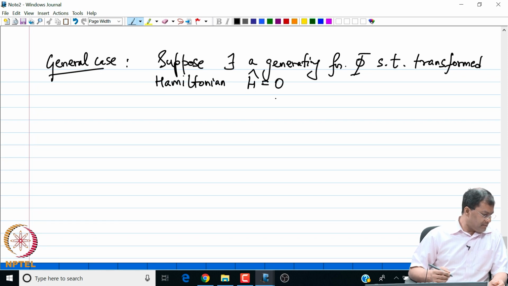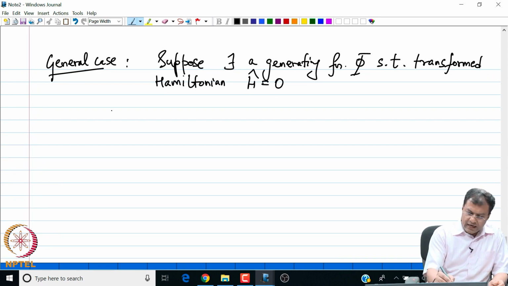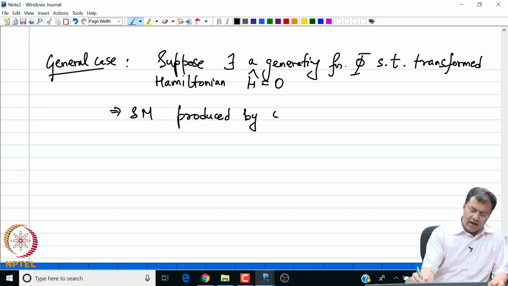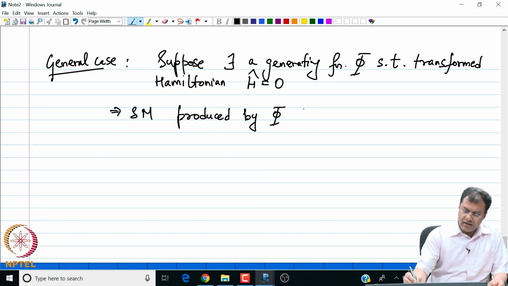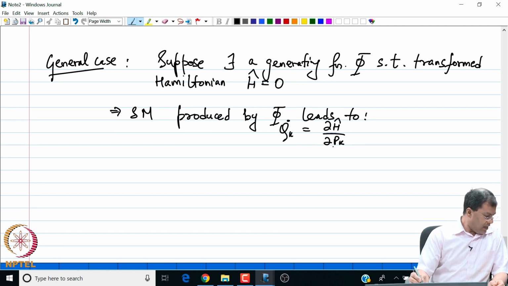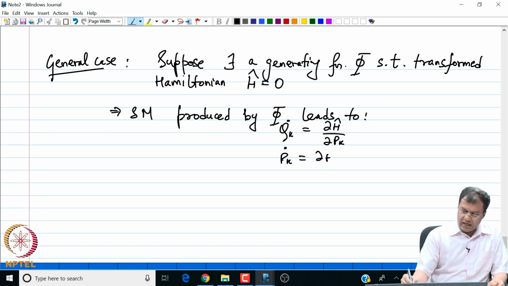So it implies that the symplectic map produced by phi leads to the following set of equations: Qk dot is partial H hat by partial Pk, and Pk dot is minus partial H hat by partial Qk.